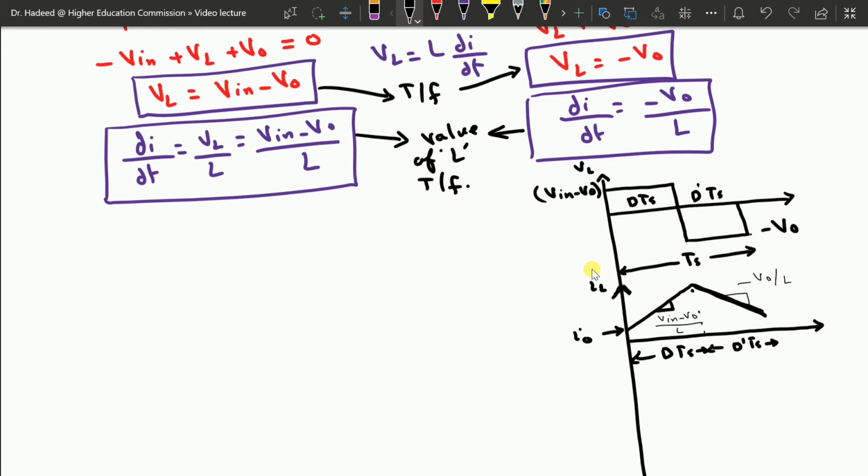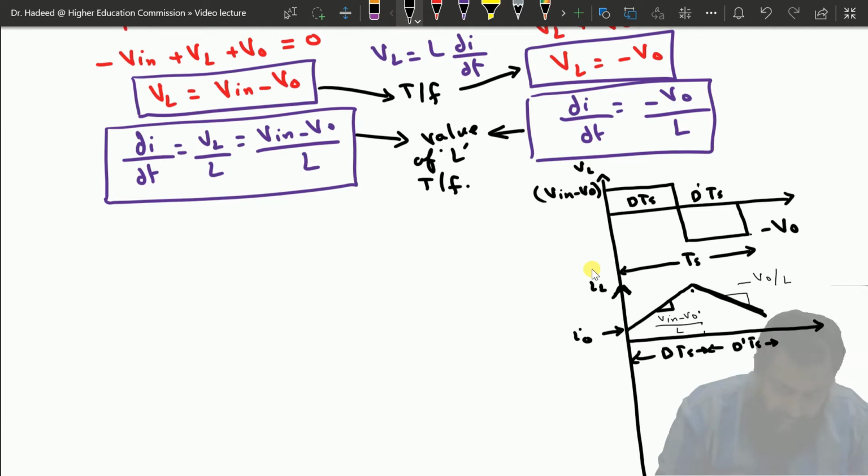That is, the area enclosed in this dTs time, Vin minus Vo, should be equal to the area enclosed under this curve, Vo times d' Ts. And also you see here that the net change in the inductor current is equal to 0. So we started from this initial value, we reached some final value, and then we are back at this initial value Io at the end of that particular switching cycle.